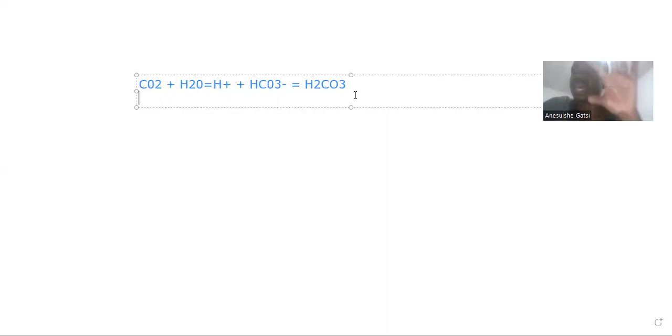So buffers are there also in acid-base regulation, and they're going to help us with normal acid-base balance. They are part of your control systems, and we have a lot of buffers in the body that help with this, right? So I will start off with things like metabolic acidosis.